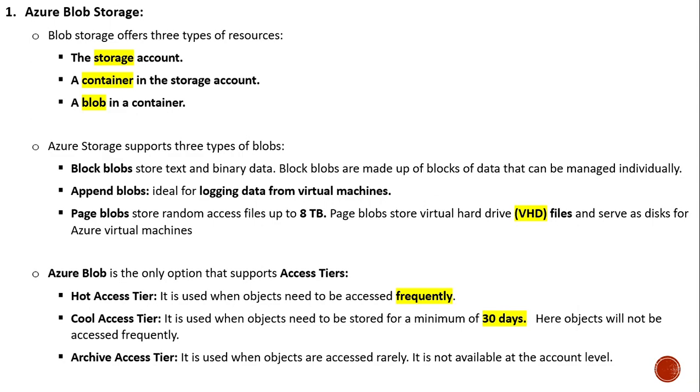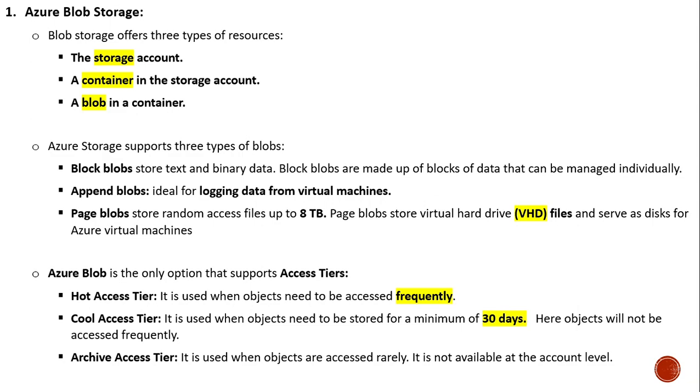The next one is archive access tier. So it is used when objects are accessed rarely and it is not available at the account level. It is an additional point which is there, so it is not available at the account level.